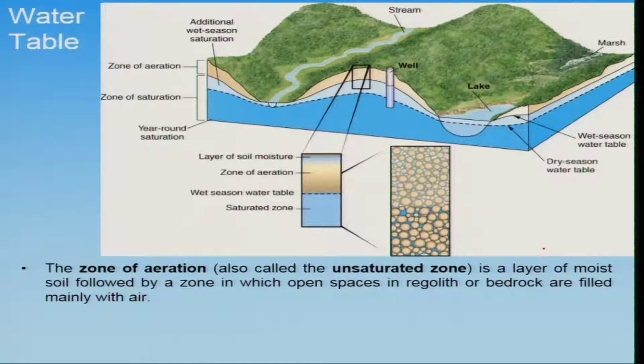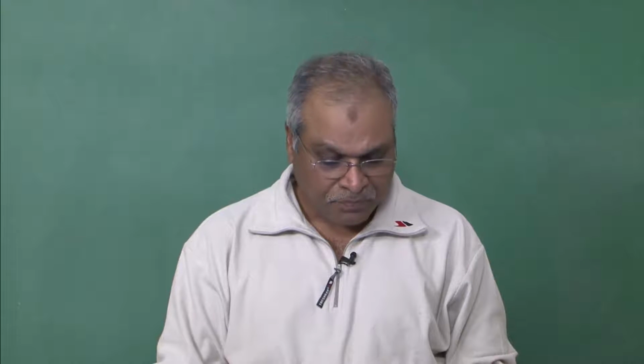The zone of aeration, also termed the unsaturated zone, is a layer of moist soil followed by a zone in which open spaces in regolith or bedrock are filled mainly with air.